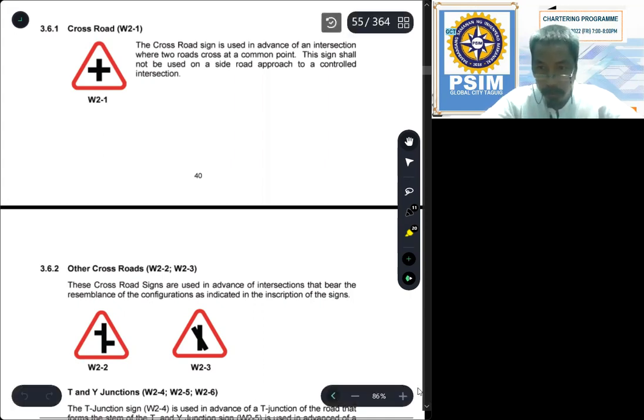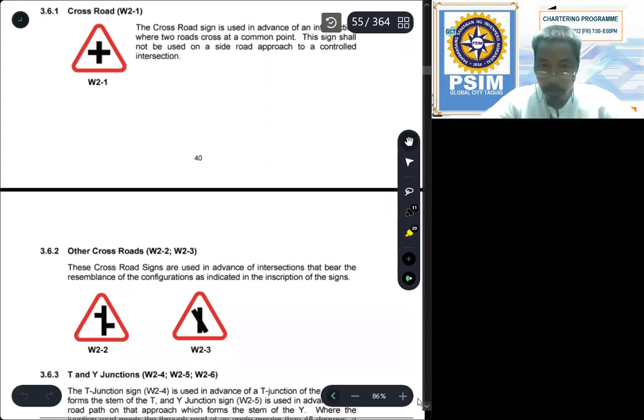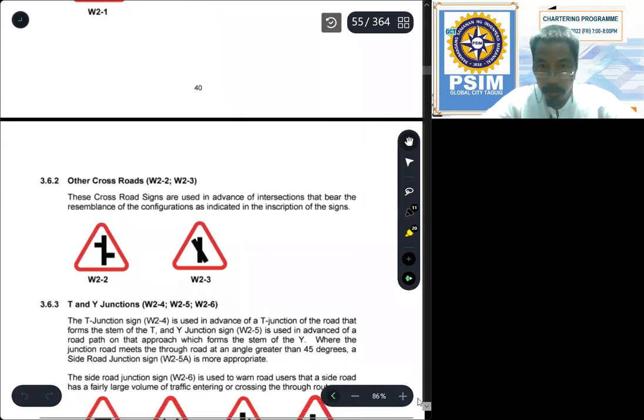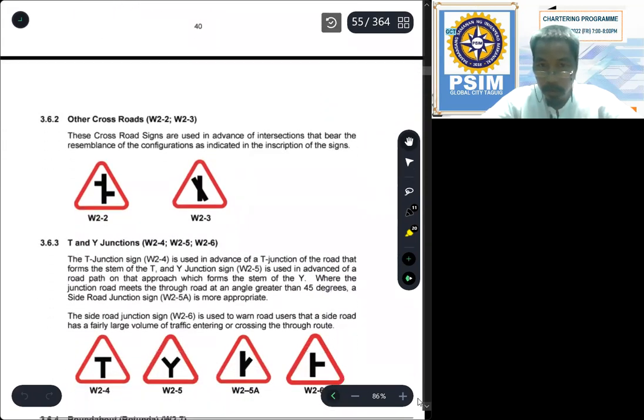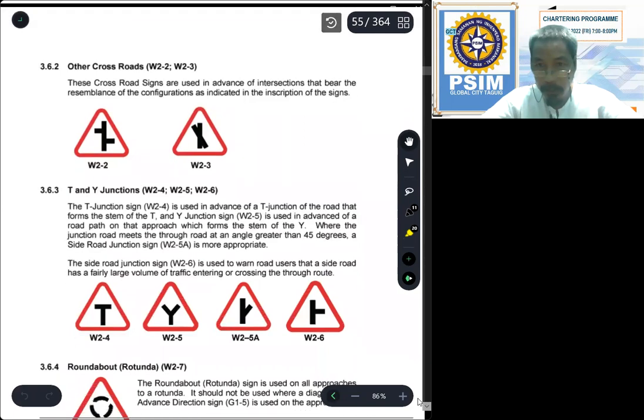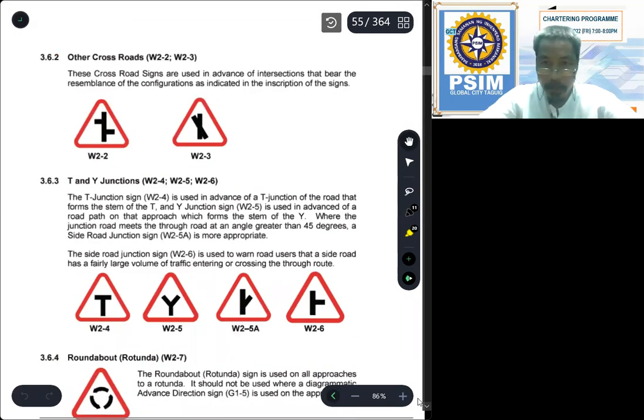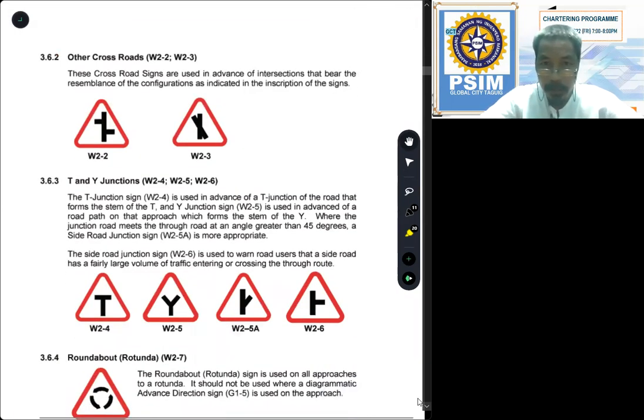Okay, so next is type W2-2 and W2-3. These crossroad signs are used in advance of intersections that bear the resemblance of the configuration as indicated in the inscriptions of the sign. So it is not a crossing, but nearly.